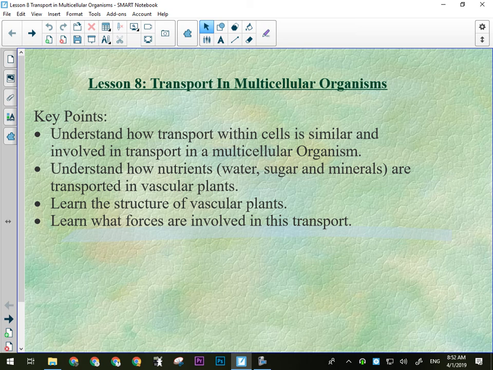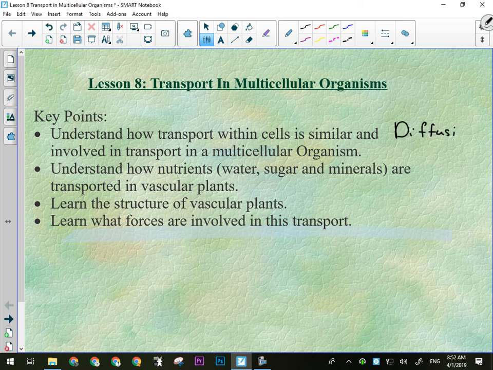So first point here, we're understanding how transport within cells is similar and involved in transport within a multicellular organism. So we are going to be looking at mostly the passive processes. Diffusion is a minor part of transport over a large scale because we know it doesn't work over long distances.